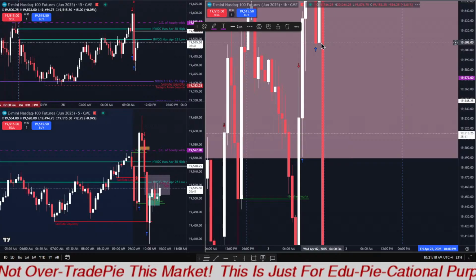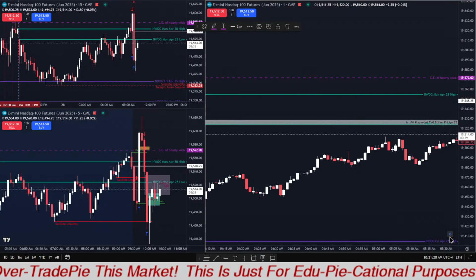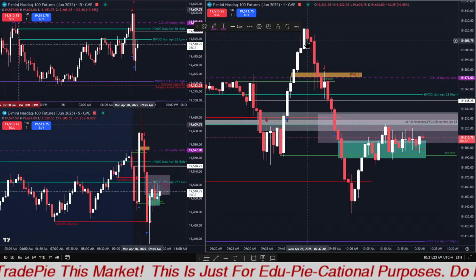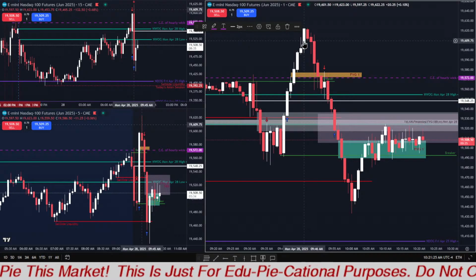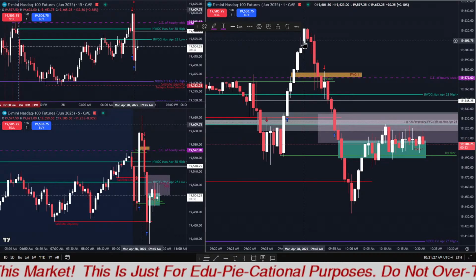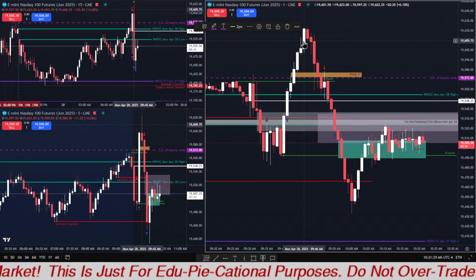at 19,608. If we drop down to the 1 minute chart once again, we can see the high of this candle is 19,623 even.